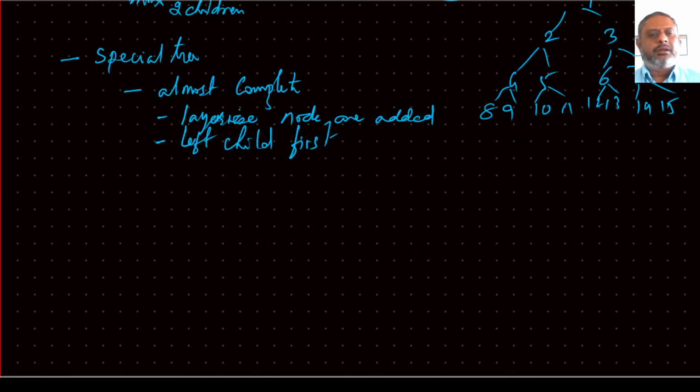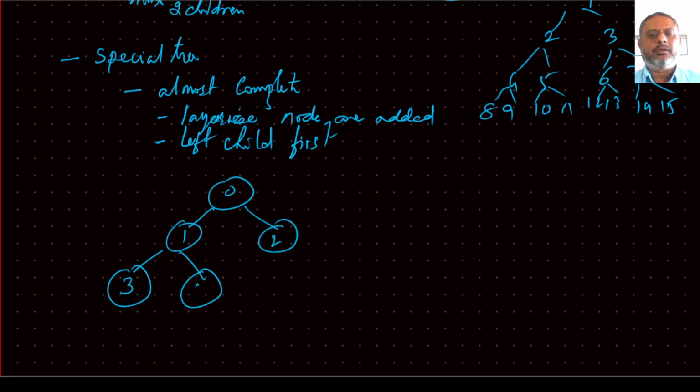So if there are only say 4 or 5 nodes, then this will be node 0, 1, 2, that makes node 3, node 4. So 1, 2, 3, 4, 5 nodes are there.